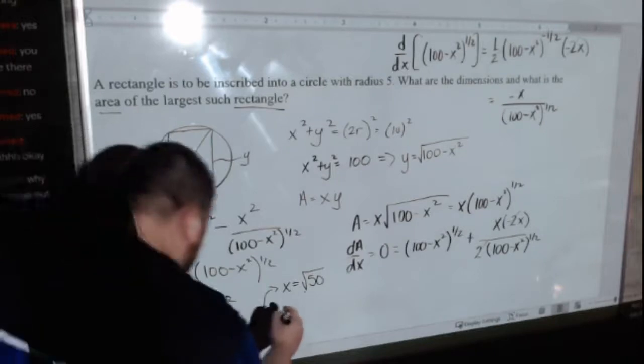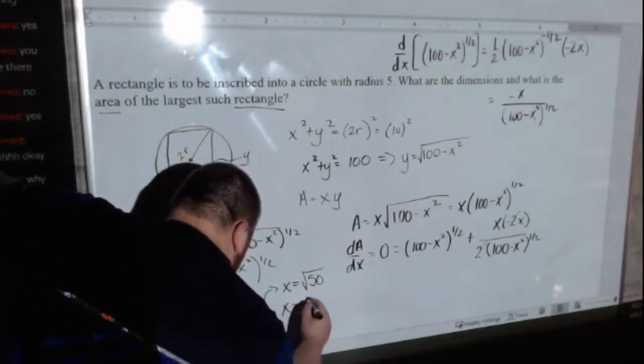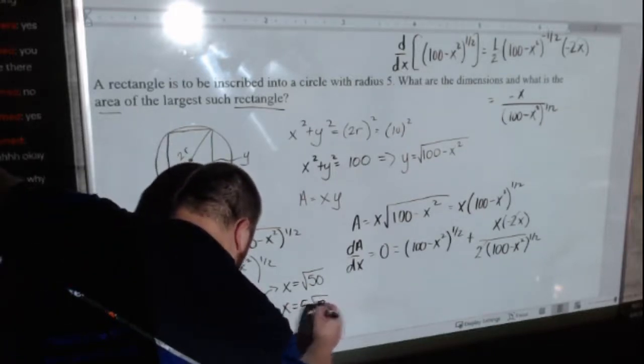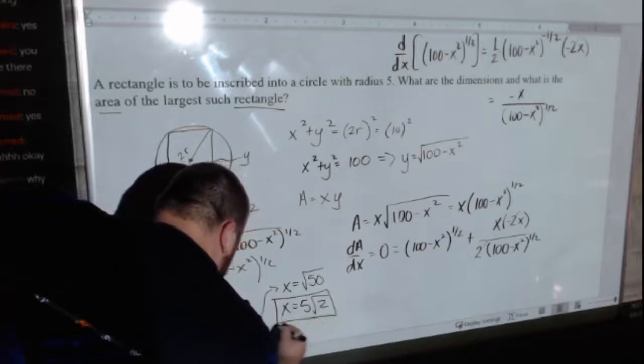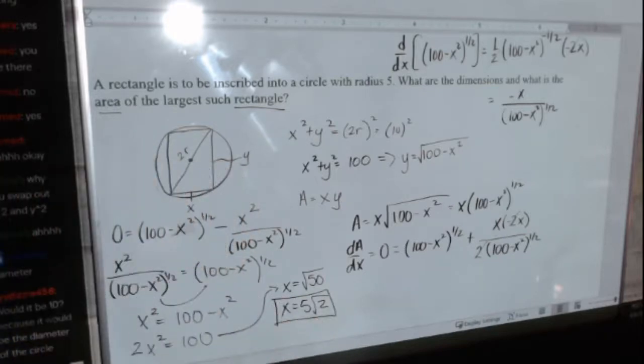So that is 5 square roots of 2 for x. I'm going to pause here for a second. I'm assuming there are questions.